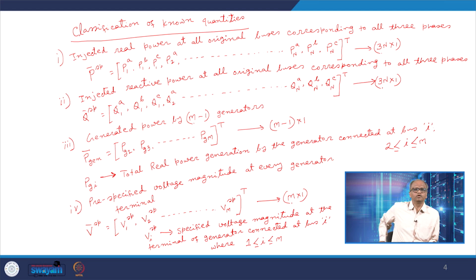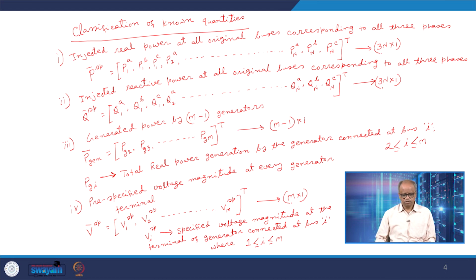So we have specified voltage magnitude for all the generators, but we have pre-specified generated power not for all generators, only for all the generators except the generator which is treated as the slack bus. So this is the classification of the known quantities.